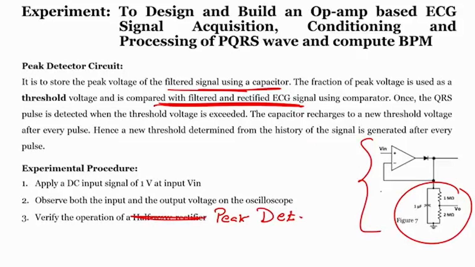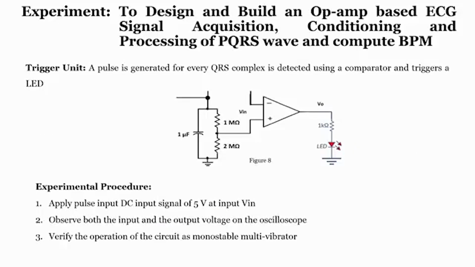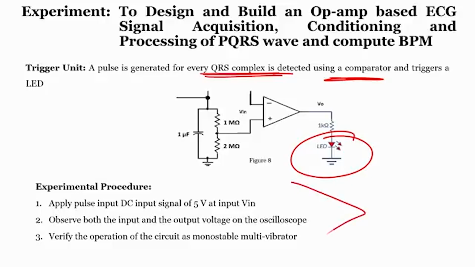Now, what will we do next? The next is the trigger unit. In the trigger unit, a pulse is generated for every QRS complex, detected using a comparator, and it triggers an LED, which you can see right over here. So, the trigger unit is used to generate a pulse for every QRS complex, and the experimental procedure here is to apply a pulse input DC signal of 5 volts.